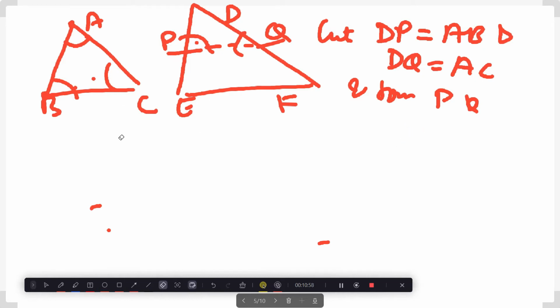Okay, so till what point have we done? PQ parallel to EF. I'm doing it slowly this time, okay, because last time it was a little fast. So PQ parallel to EF, right? So by theorem 6.1, PQ parallel to EF means it divides the sides in proportion.